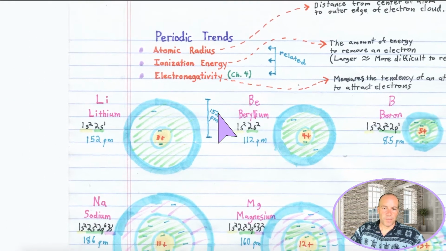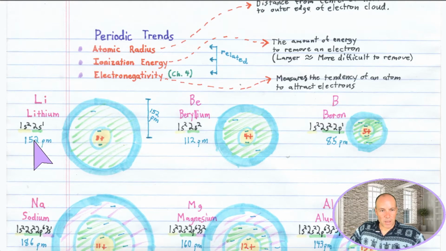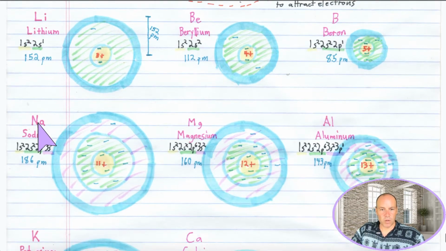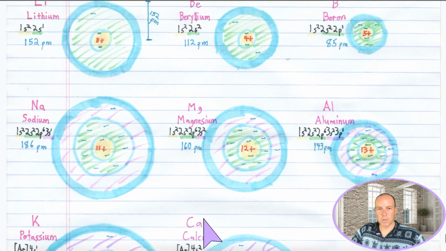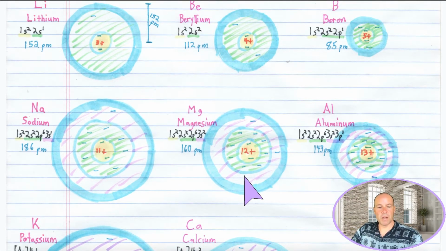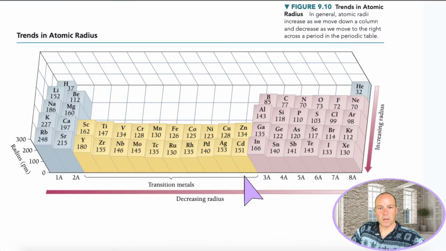All right. Now, I've listed the atomic radius for several atoms: lithium, beryllium, boron, and then sodium, magnesium, aluminum, and then potassium and calcium. So these you'll find on the periodic table right here.